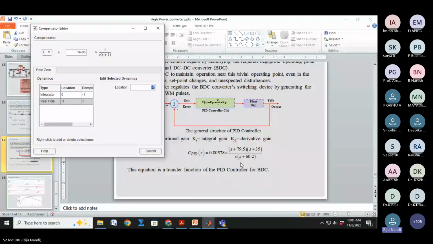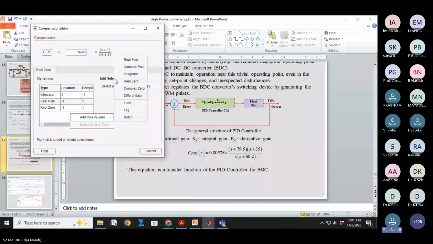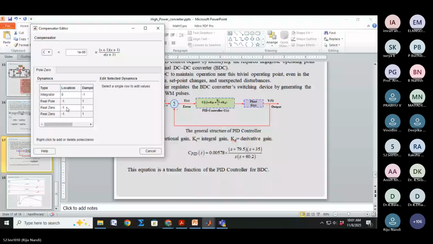Then for the real zeros, there are 2 zeros, so you have to select 2 zeros. One zero is 79.51, and the second is minus 35. And the gain is 0.00578.